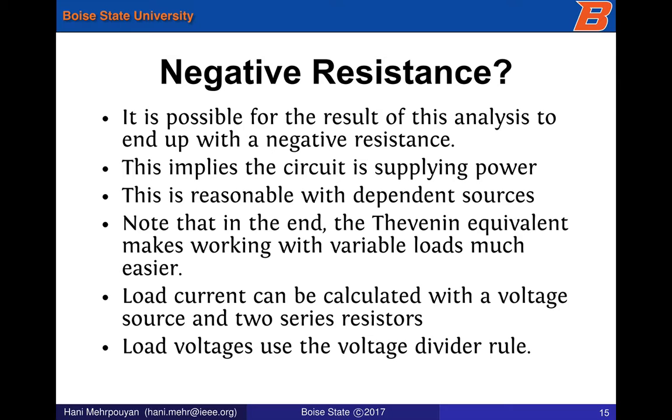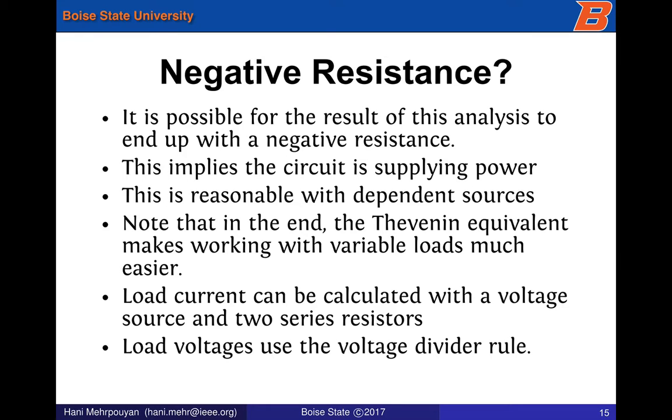It is important to mention, though, that when you have dependent sources and you're trying to find the equivalent resistance, you could actually end up with negative values of resistance. What that means is that the circuit is actually supplying power with all the independent sources still turned off. That's fine, that's a possibility and it could happen, so do not feel like you could not end up with that.